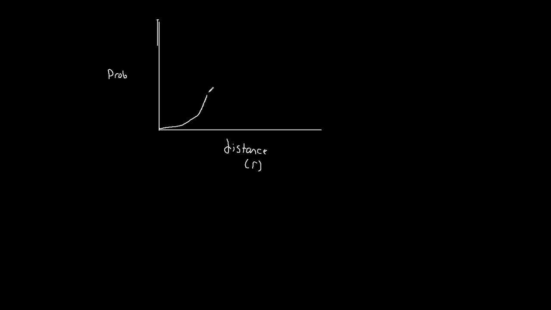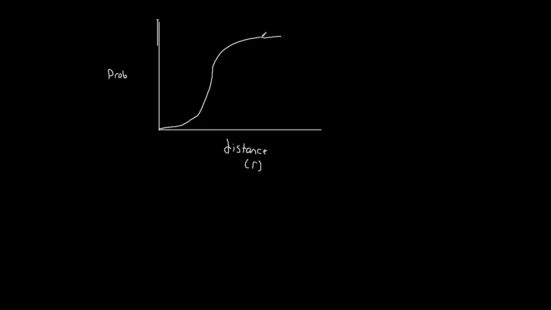It's going to look something like this, where at smaller distances there would be a lower chance that your point is going to be within that range. As you increase the distance, you're going to have a huge jump, and then you're going to taper off until you reach a point where they're all within that distance.